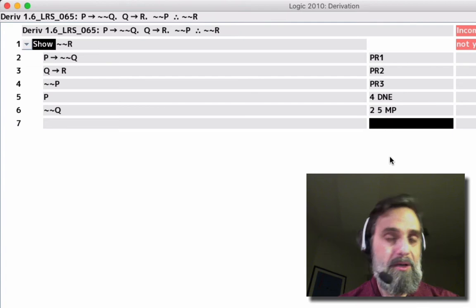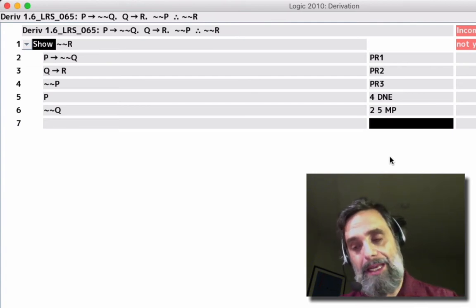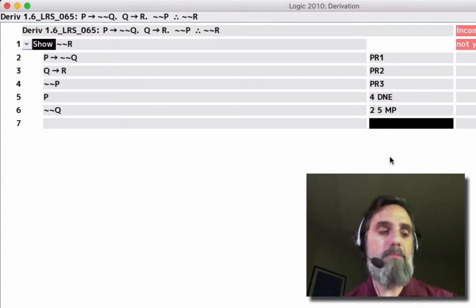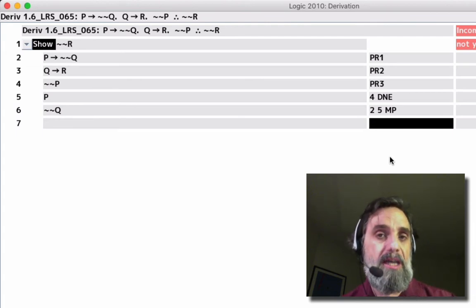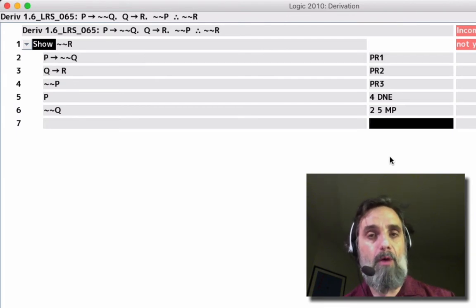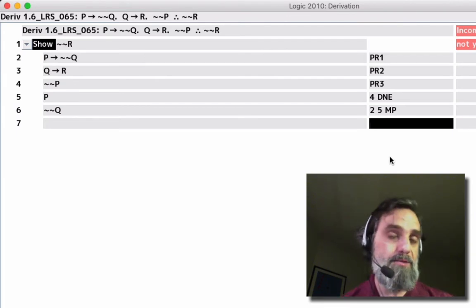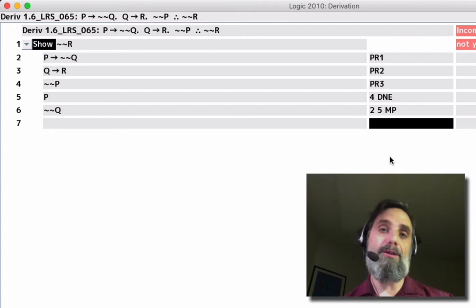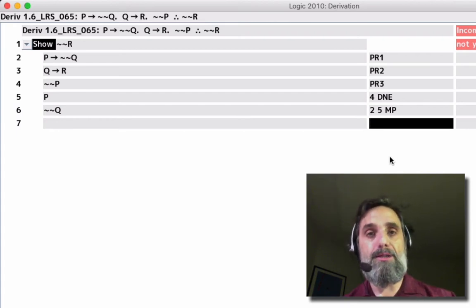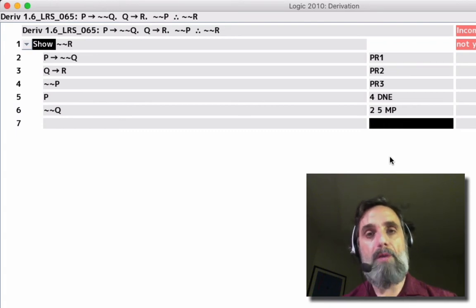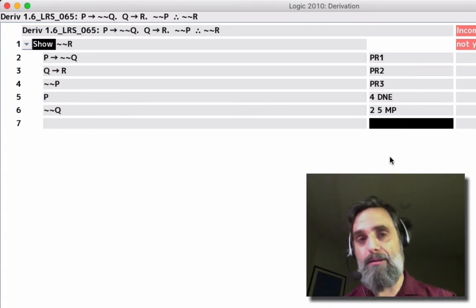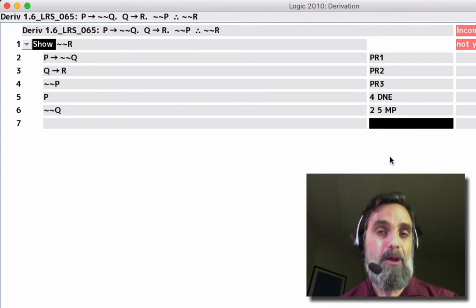We still don't have what we need in order to box and cancel, though, because we need negation R. And so we need to either get that directly or get something close to it and then use DN to get it. We're not in a position to do that yet. So instead, what we want to do is modus ponens. We've done modus ponens with line 2. The only remaining conditional is on line 3. Line 3 is Q arrow R. We need Q because that's what comes before the arrow.